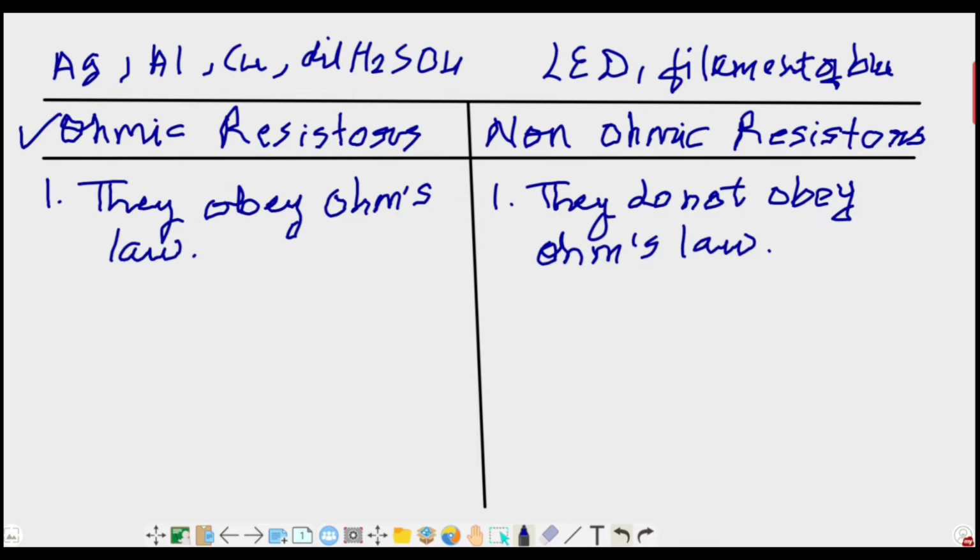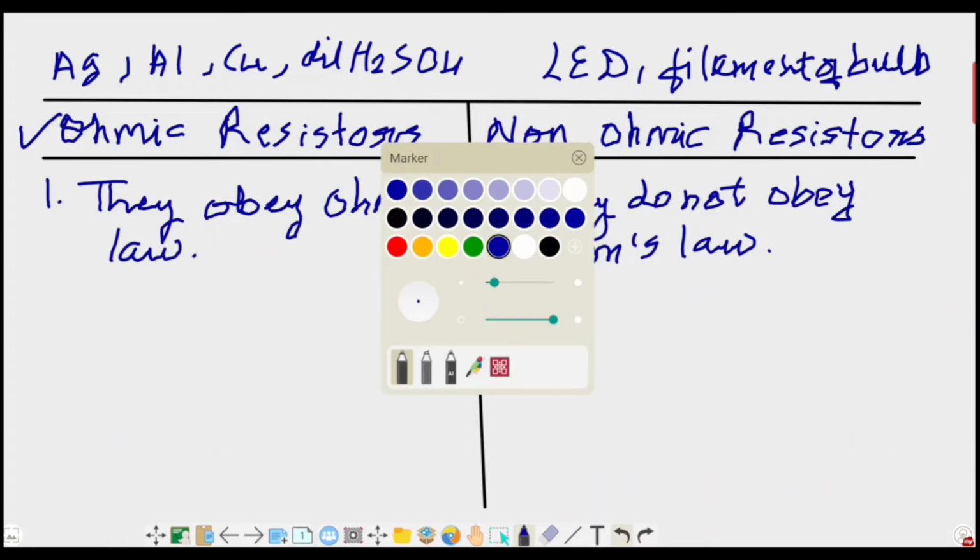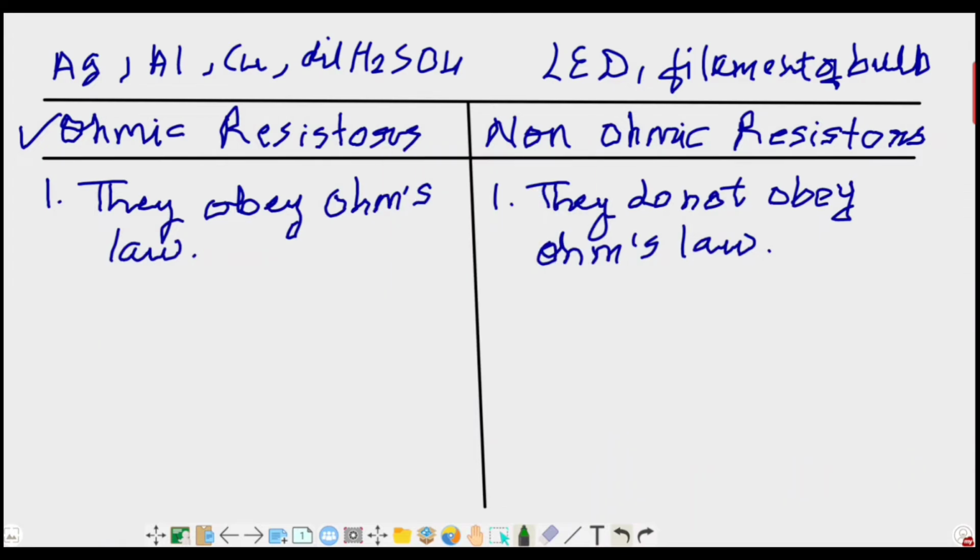Now, the first point you can write is that they obey Ohm's law, and they do not obey Ohm's law. Now when we discuss the VI graph, what you have observed is that for an ohmic resistor, it is a straight line.